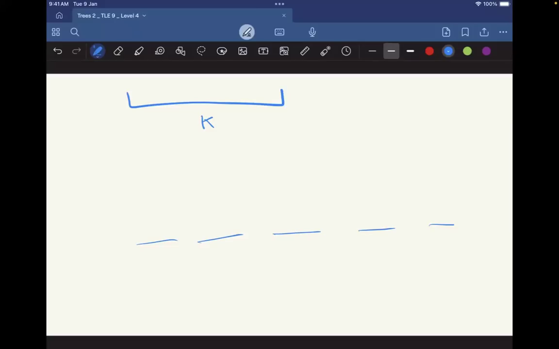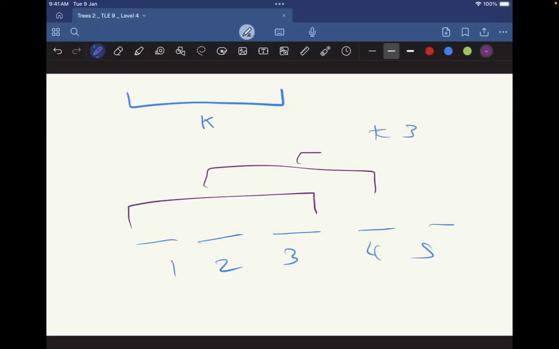For example, let's say the array is of size 5. So 1, 2, 3, 4, 5. And K is 3. So the only queries that can happen are 1 to 3, 2 to 4, and 3 to 5. Is this much clear for everyone? Yes or no, guys? Tell me. Is this much clear?